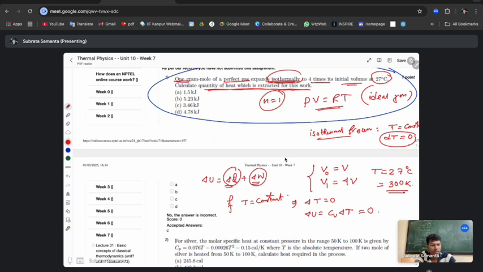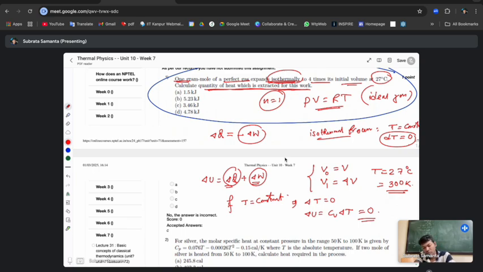So for an isothermal process the change in internal energy is also 0, delta U equals 0. That means delta Q is minus delta W. Now how to calculate delta W for an isothermal process?